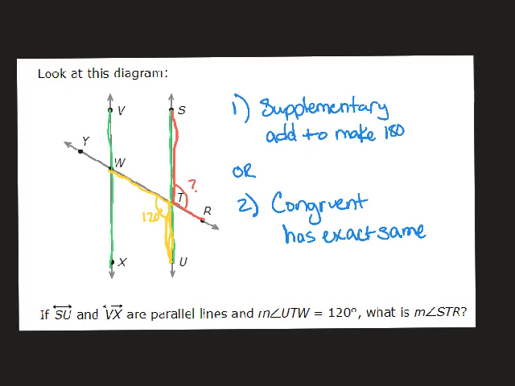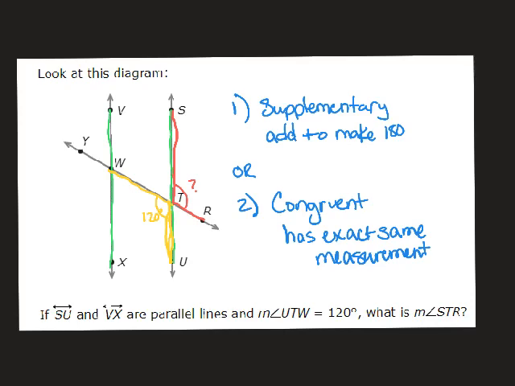Those are our only choices. So it's one or the other. What we've been learning about is that there are specific angles. Once you know you've got two parallel lines cut by a transversal, there are certain angles here that all have the same measurement.